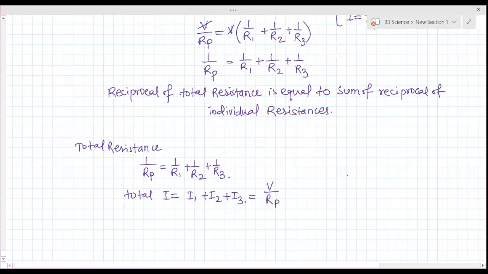Any one of the methods you can use. Then individual current: I1 is equal to V by R1, I2 is equal to V by R2, and I3 is equal to V by R3. If there are more resistances, then I4, I5, I6 will continue. Clear? Yes, ma'am.